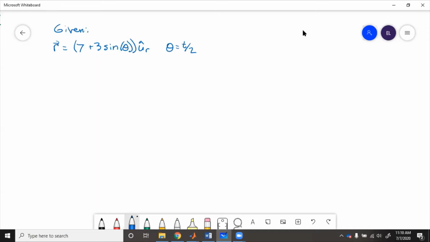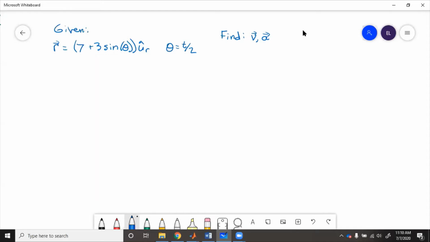So then we want to find velocity and acceleration. So we can use the formulas that we have worked out already.